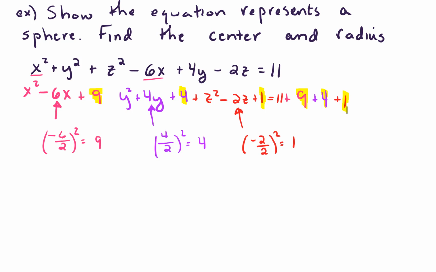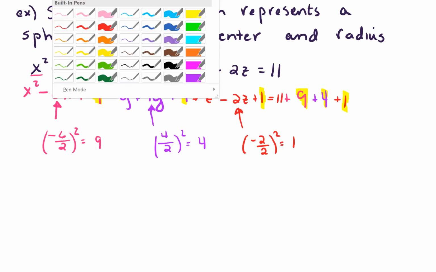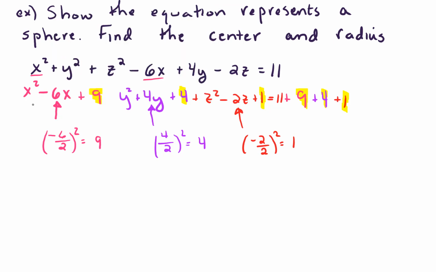Okay, so what this turns out to be, go back to what we have in the x variable, I have a perfect square. This is x minus 3 squared. And then in y I also have a perfect square. This is y plus 2 squared.